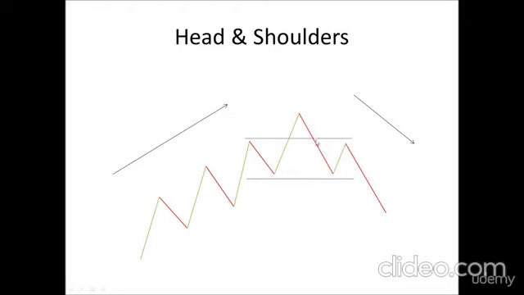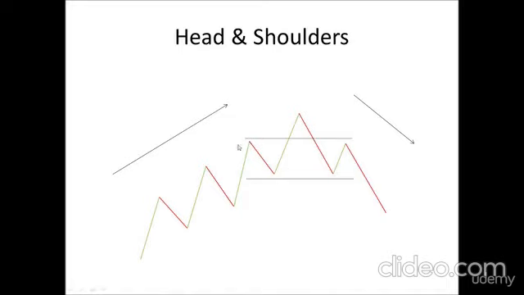Some characteristics of this head and shoulders are there are 3 peaks rather than the 2 on a double top. The center peak is always larger than the other 2, hence the name the head and the shoulders.